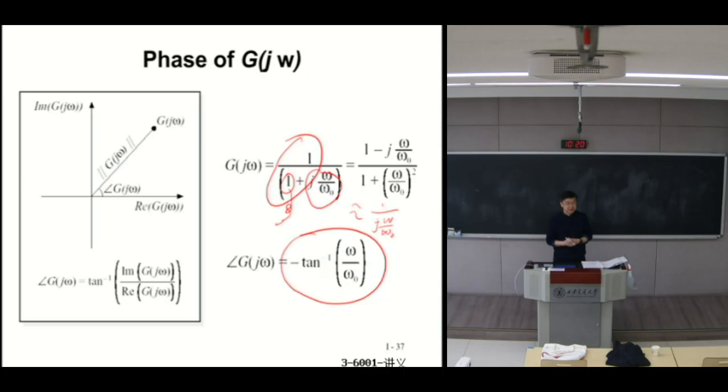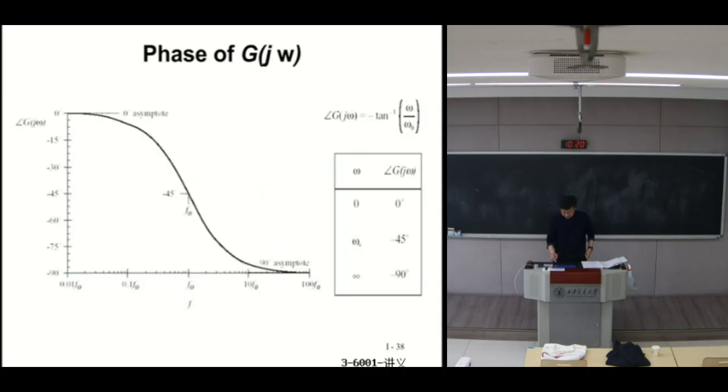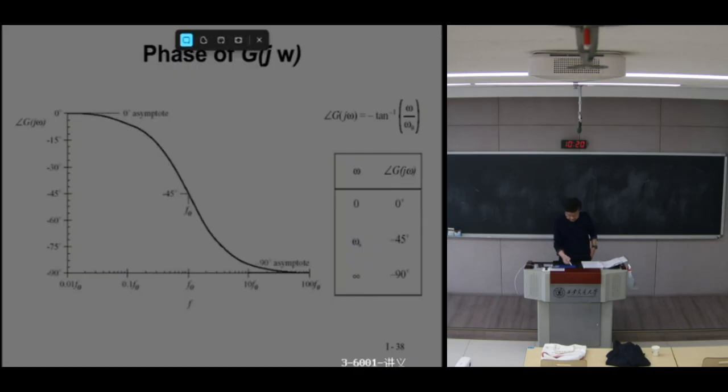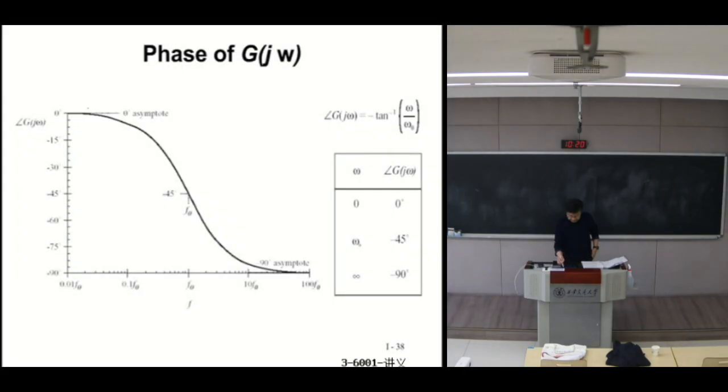minus 90 degrees. Okay? So therefore, for low frequency, the phase angle of a single pole will be approaching 0 degrees, and for high frequency approaching minus 90 degrees. And in between, there is a gradual change from 0 degrees to minus 90 degrees.